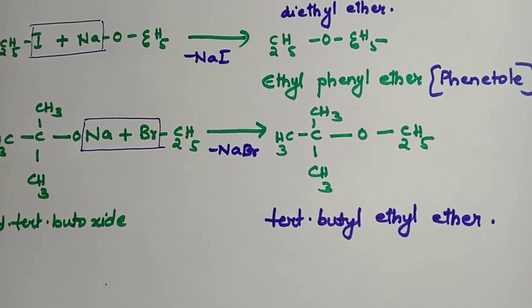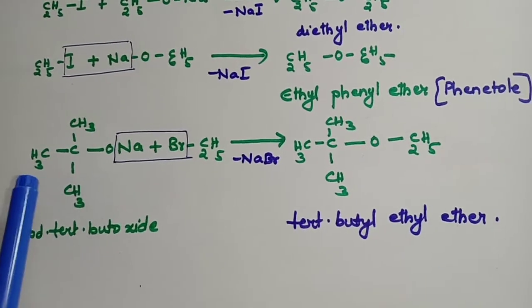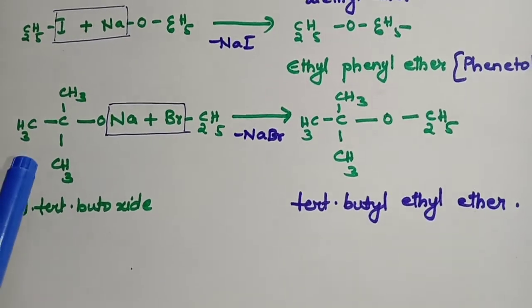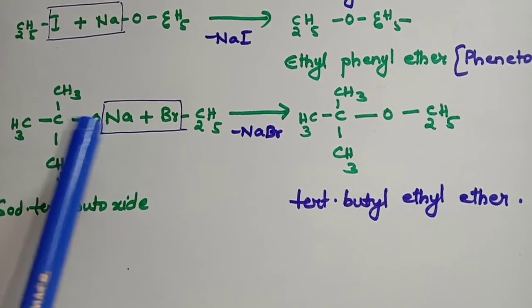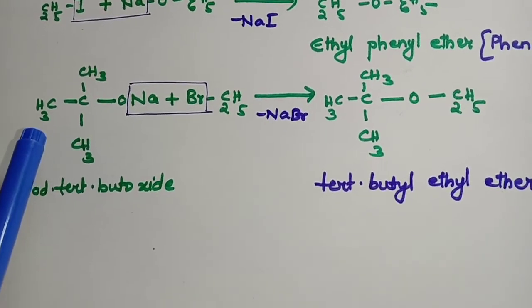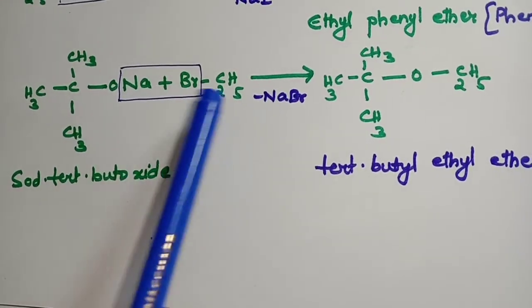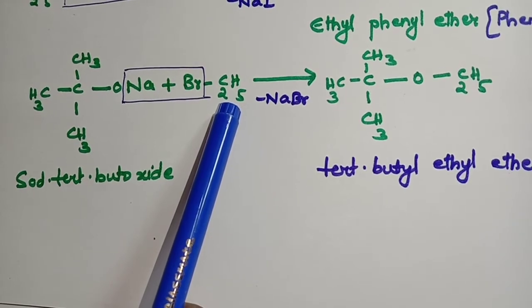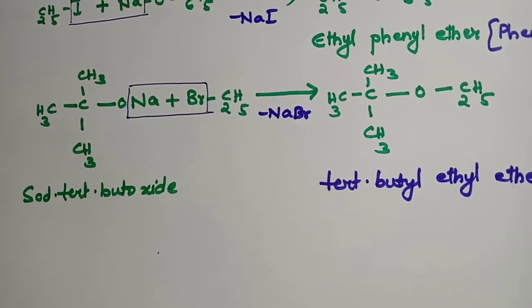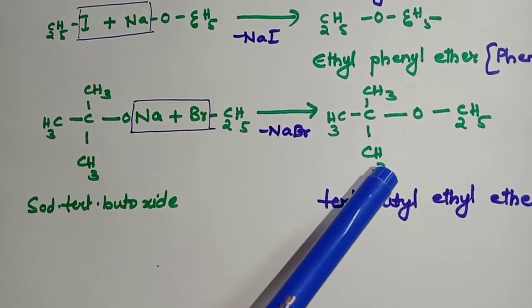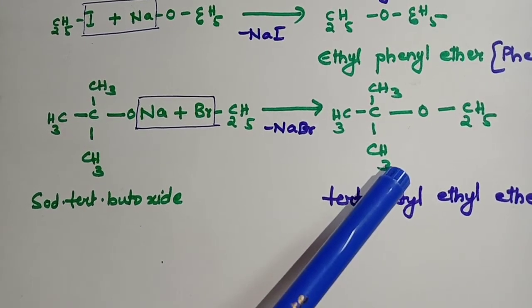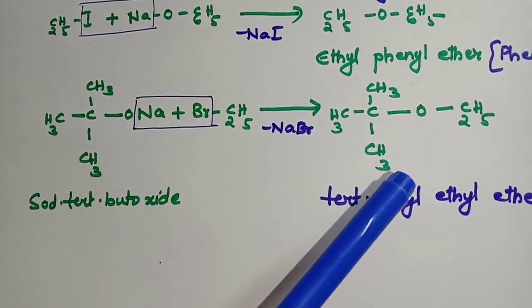Okay. So see, this reaction, a quite interesting point to be noted here. If we just reverse the alkyl groups, okay, that means if we take sodium ethoxide and tertiary butyl bromide, we do not get an ether. Okay, so before forming the ether, what happens?